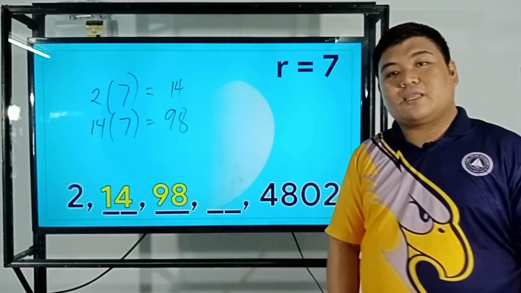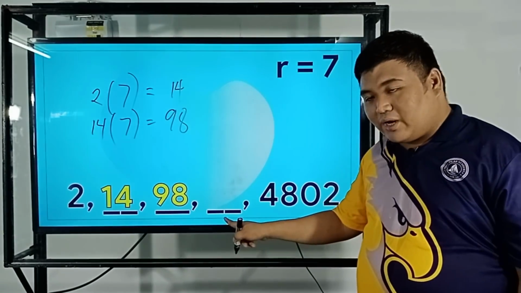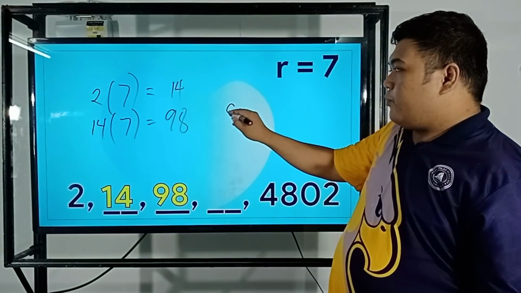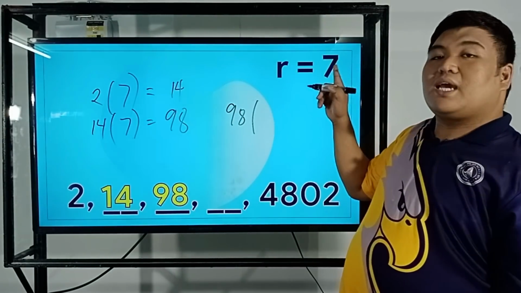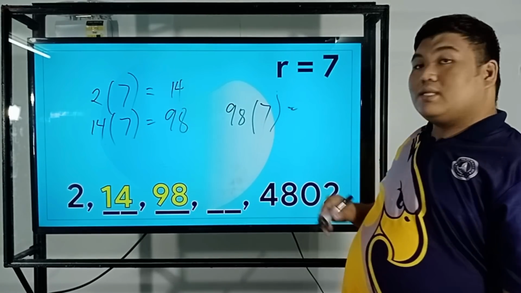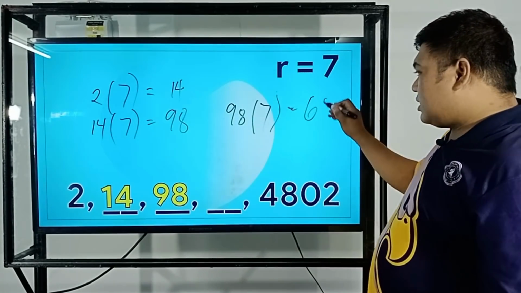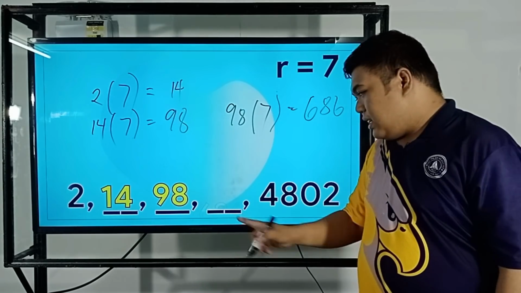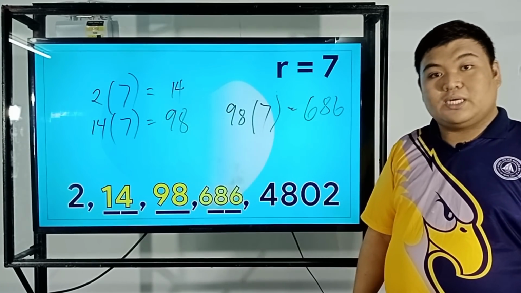So that is the third term. And lastly, the fourth term, we have 98 times 7, equals 686. And that is the fourth term.